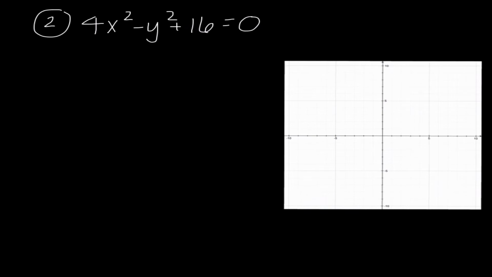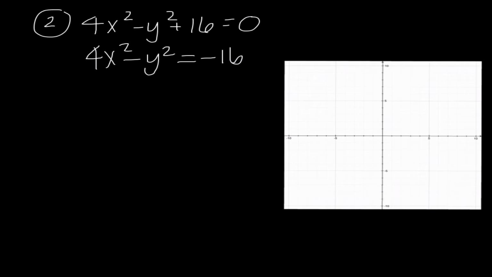Number 2, we can tell once again this is a hyperbola because I have x squared and y squared and we have subtraction. And I can tell once again I do not need to complete the square here because we do not have an extra x or y. But this looks weird because it said equal to 0. So I know that the very first thing that I have to do here is subtract 16.